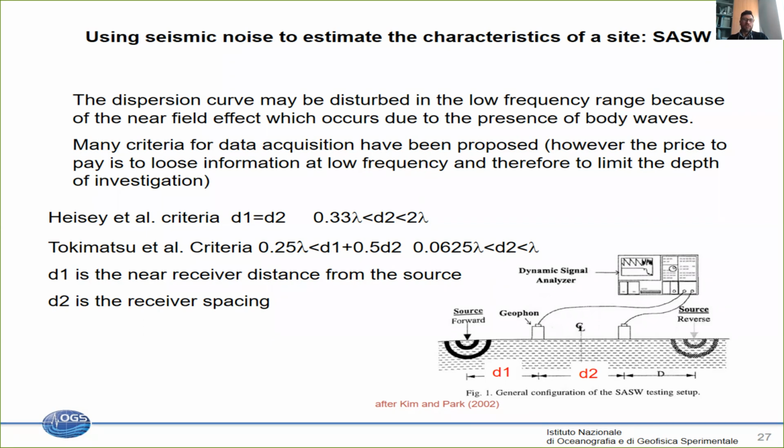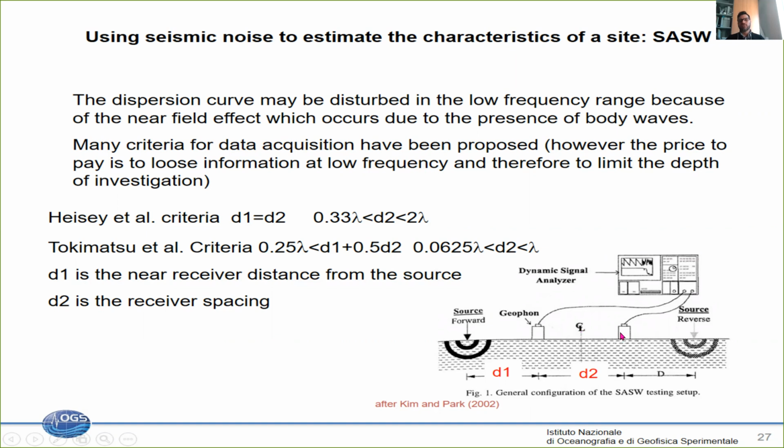The other problem is that there is not a real criterion on how to place the geophones in order to have good results, and what the position of the source should be. In some cases, it was empirically estimated that we can keep D1 equal to D2.